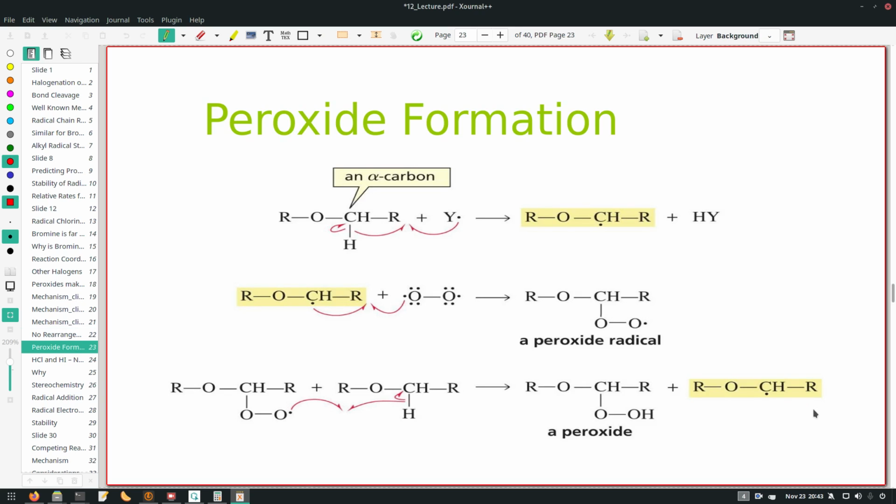Now, something we have to worry about with peroxides in general is that certain ones can react with themselves. What mostly you need to worry about is if you have a given peroxide, ROOR, that type of thing. If we have an ether that has a CH2 next to it, so the alpha carbon has a pair of hydrogens on it, it can create a free radical.